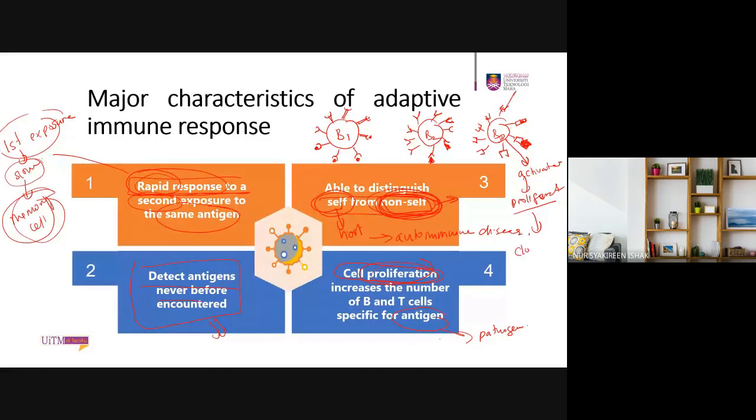Clonal selection is to select which one? B1 or B2 or B3. So in this case it is B3. So clonal selection. It will become 2 clones, 1 memory and 1 activated. Okay, this is an example for B cell. The mechanism is the same for T cell.